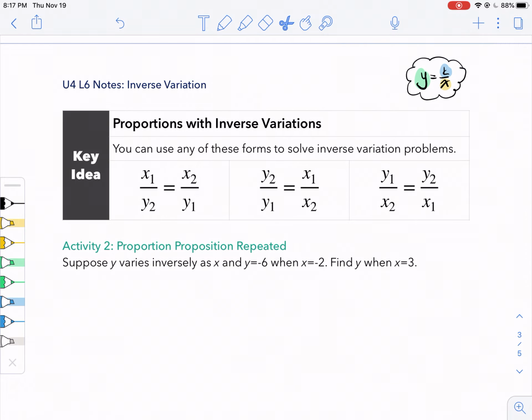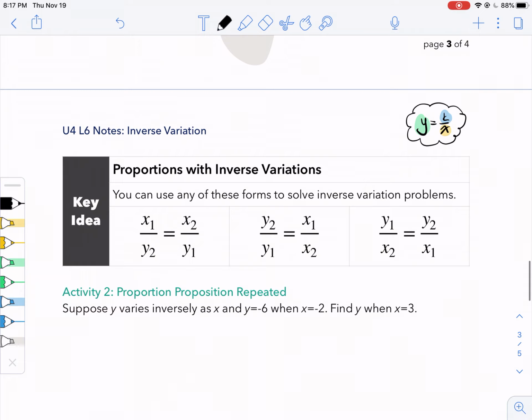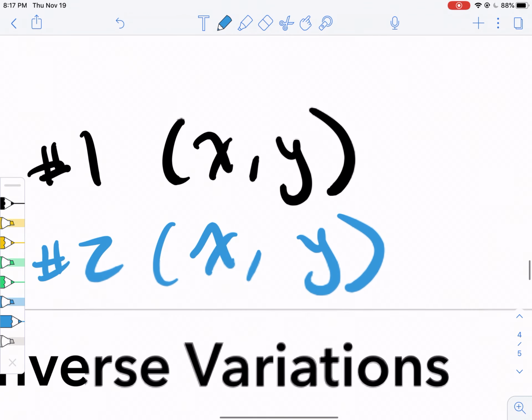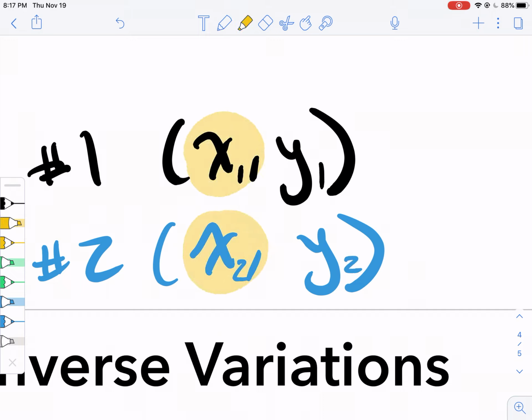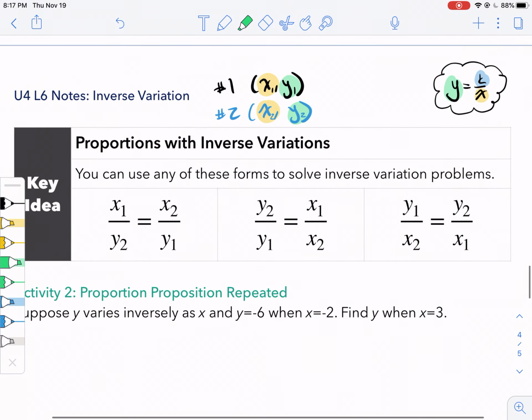But if you want to use a proportion, then you'll need to set up your 2 different points. Just like last time, you'll need to have a point number 1 with an x and a y, and a point number 2 with an x and a y. We call these x1, y1, and x2, y2. Make wise choices.